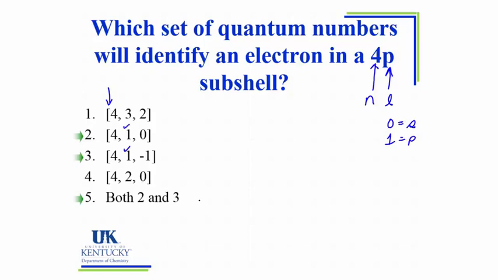The question is, are those allowable M sub L's for that L? Well, if L equals 1, we know that M sub L can be a -1, 0, or 1. So either one of these would be fine. There'd be one other one that would have been okay to write, and that would be 4, 1, and 1. That would be fine as well. An electron could have that address. So any one of those values would be acceptable for an electron in the 4p subshell.